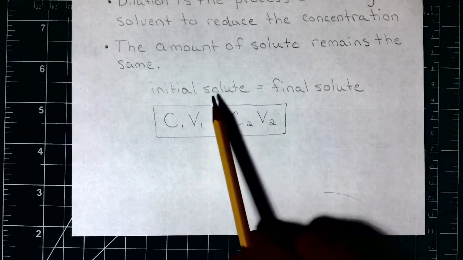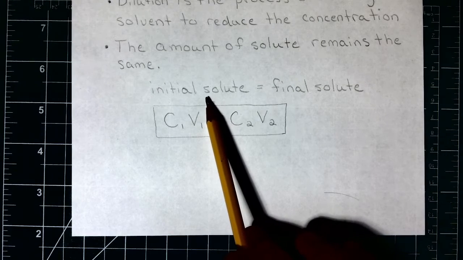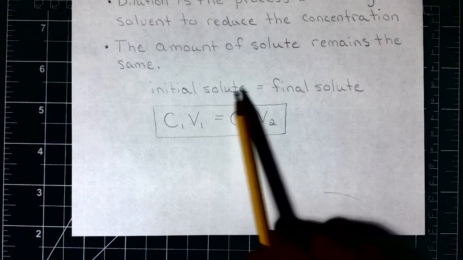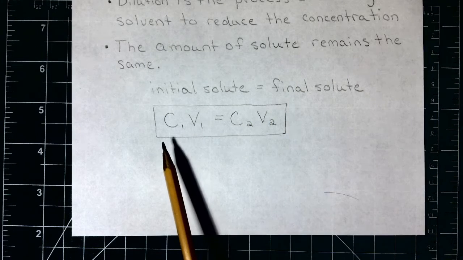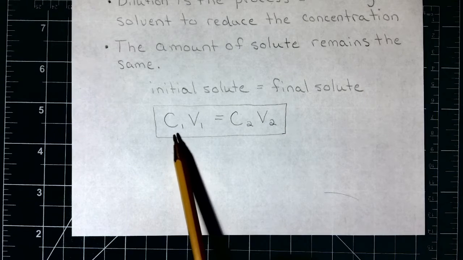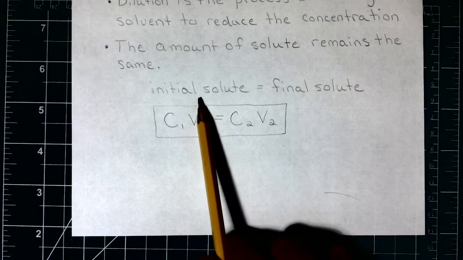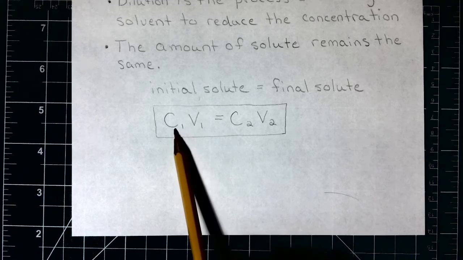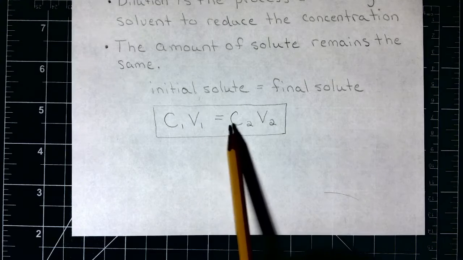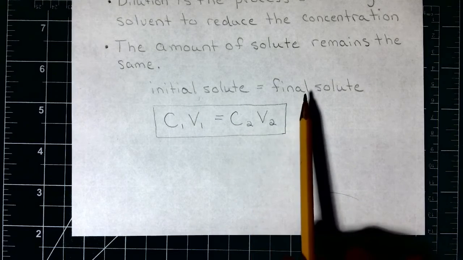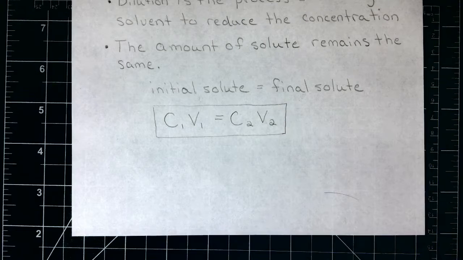Using the fact that the solute remains the same, we come up with our dilution equation, where our initial solute is going to equal the final solute. That means C1V1, which is the moles that we started off with, or the amount of solute, really, because it could be any concentration unit, is going to equal the final solute, which is C2V2.